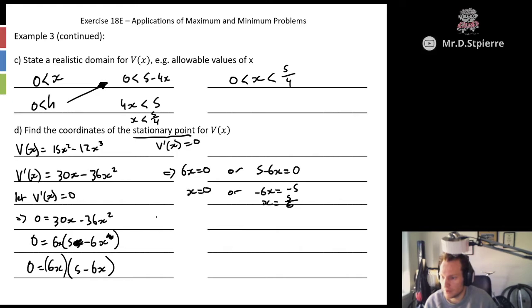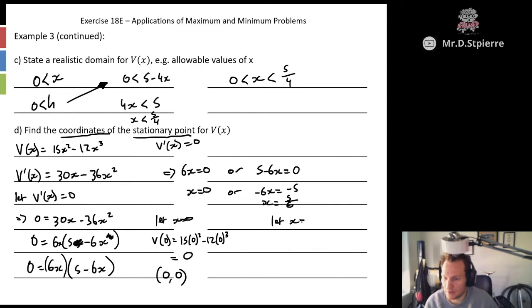So let x equal 0, we get volume of 0, because it's asking for the coordinate, so we need to find the y coordinate or the volume that occurs. X equals 0, so we get 15 by 0 all squared, take away 12 by 0 all cubed, gives us 0, so we get 0, 0 for that one. And then the next one, we let x equal to 5 on 6.